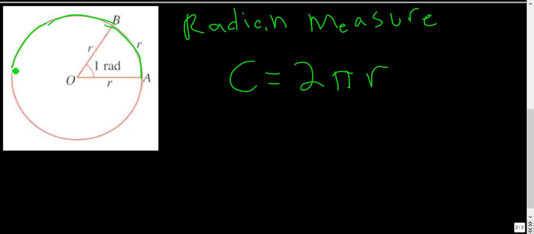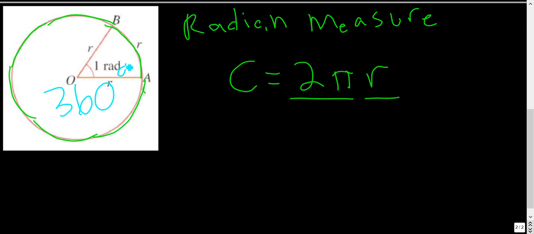Well, from this formula, it takes 2 pi radii to go all the way around. So instead of saying we've got 360 degrees, we're now saying we actually have 2 pi radians, is what we're going to call it instead. So a radian is the angle created by moving 1 radius around the circle.